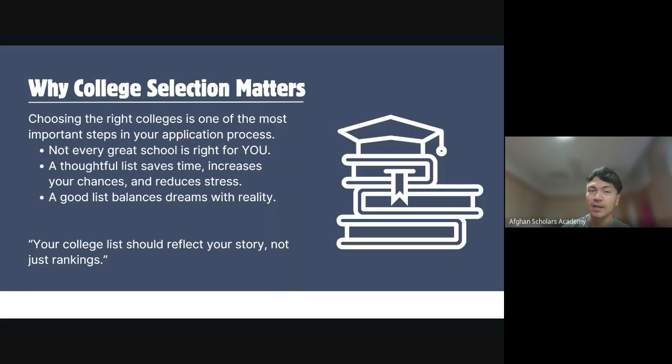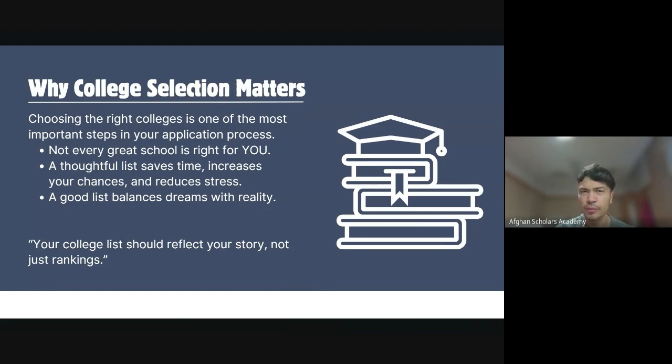That's the first thing. A list in an organized document or an Excel sheet can really save you. It saves you time, increases your chances, and reduces your stress. From my own personal experience, when I was applying, at one point I was not really organized.